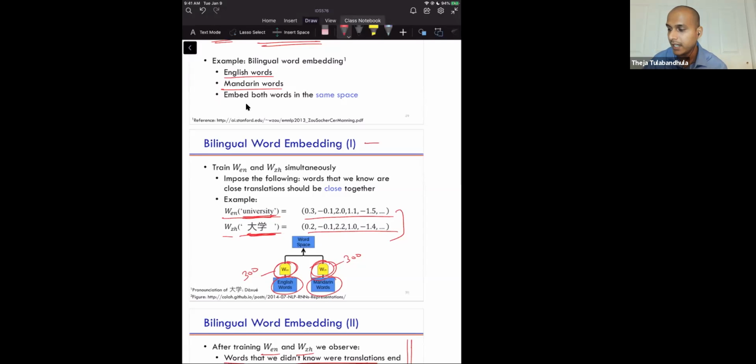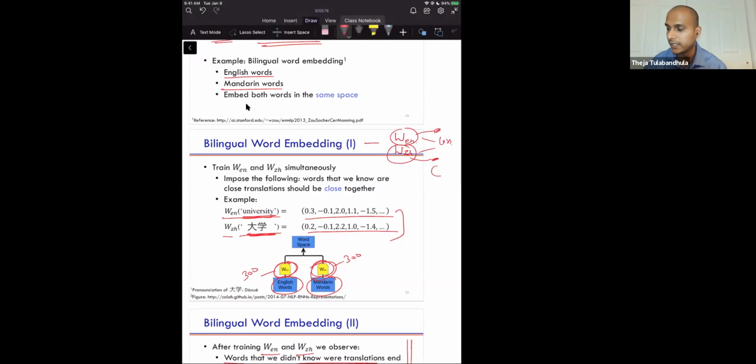Here we are actually learning two embeddings, W English and W Chinese. So each one will have its own vocabulary of words. We're learning these embeddings not with a classification task, but with a loss function which ensures that whatever vector you pick for a word, let's say university, and whatever vector you pick for the equivalent word in Chinese for university, those vectors are similar to each other.